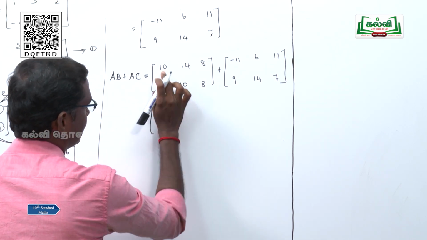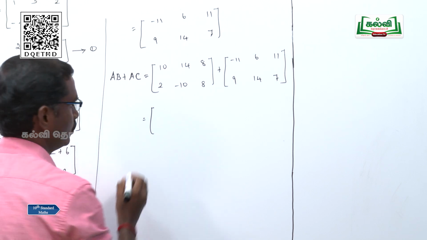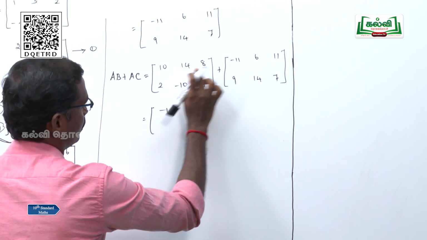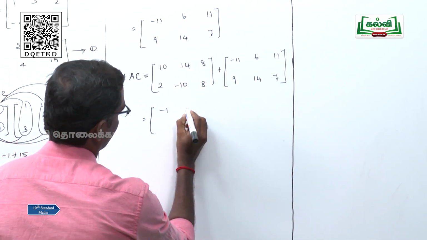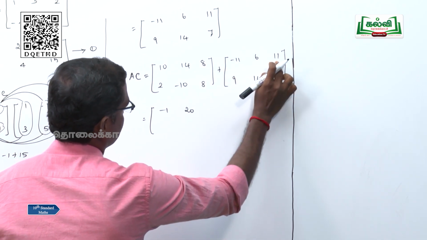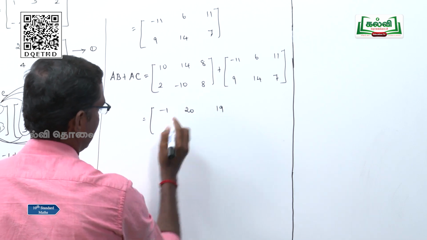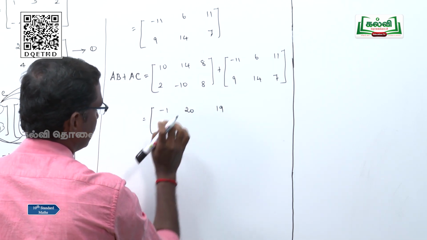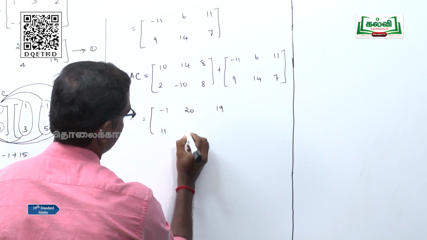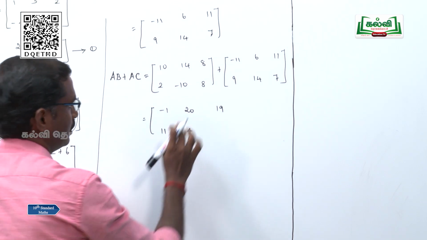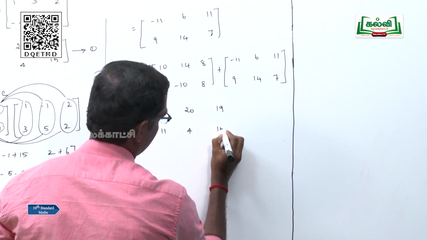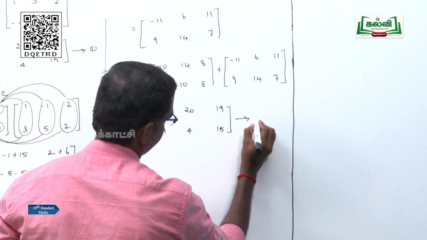You will get 10 plus minus 11, you will get minus 1. 14 plus 6, 20, 8 plus 11, 19, 2 plus 9, 11, minus 10 plus 4, 8 plus 7, 15. This is equation number 2.